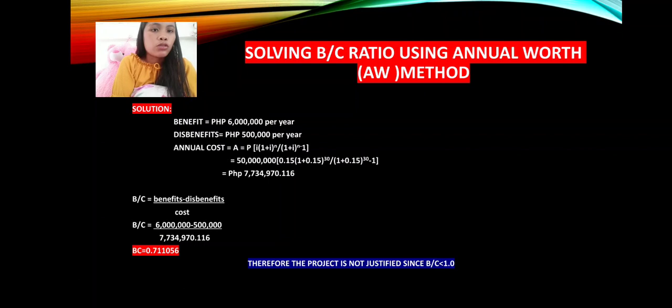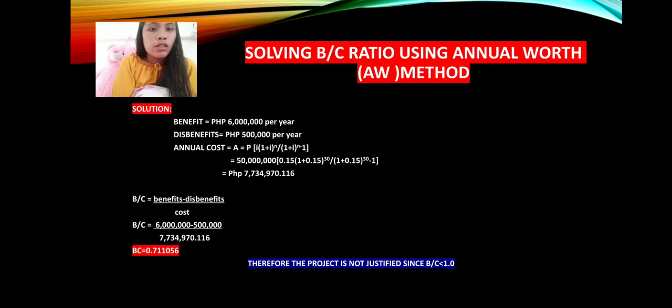So, 50 million pesos times 0.15 times (1 plus 0.15) raised to 30 divided by (1 plus 0.15) raised to 30 minus 1 is equals to 7,734,970.116. For computing benefit cost ratio, benefit minus disbenefit over cost.